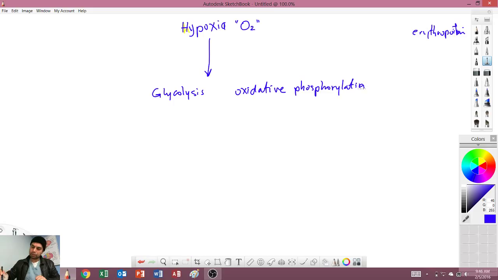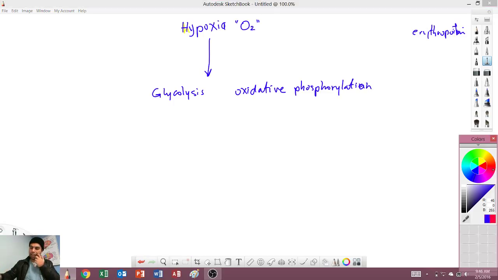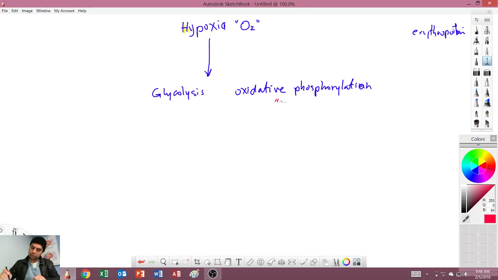Okay, oxidative phosphorylation. Now, oxidative phosphorylation occurs in the mitochondrial matrix. Of course, some enzymes are on the membrane as well, but primarily on the matrix, or especially on the inner membrane. The electron transport chain is located on the inner membrane.